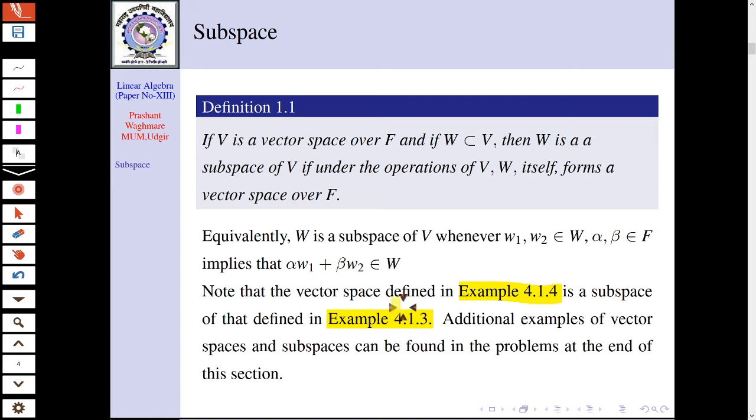That means in example 4.1.3, V will be a subset of the set in example 4.1.4. That's why whatever V is defined in example 4.1.3 becomes a subspace of the vector space that we discussed in example 4.1.4, right?